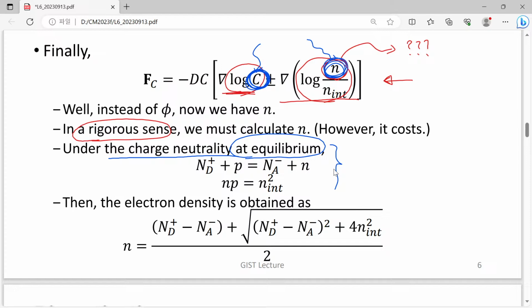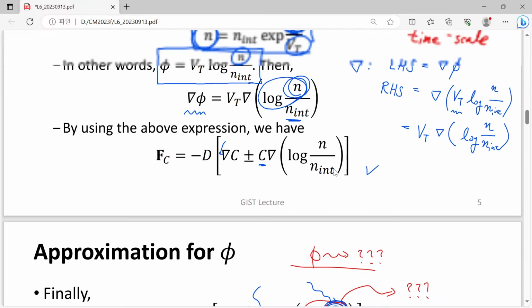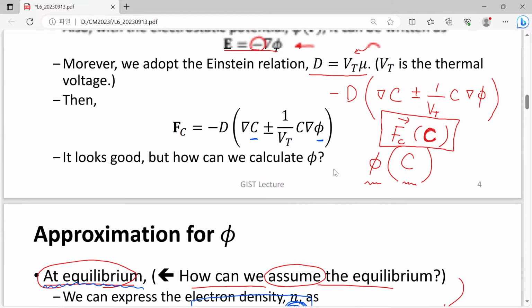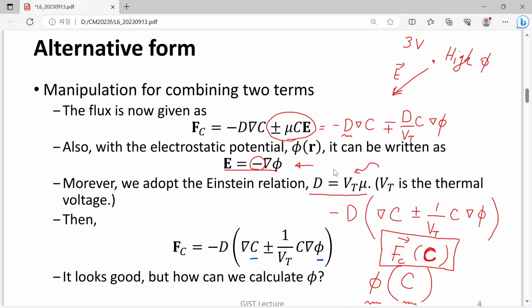Please note once again the limitation. But I want to say that we have introduced many different approximations. However, this charge neutrality approximation is the most severe one.